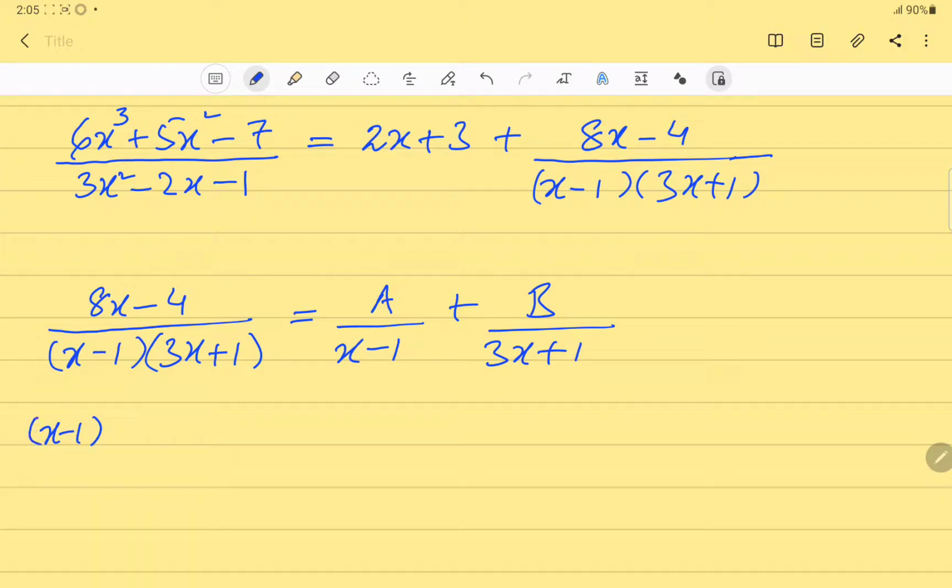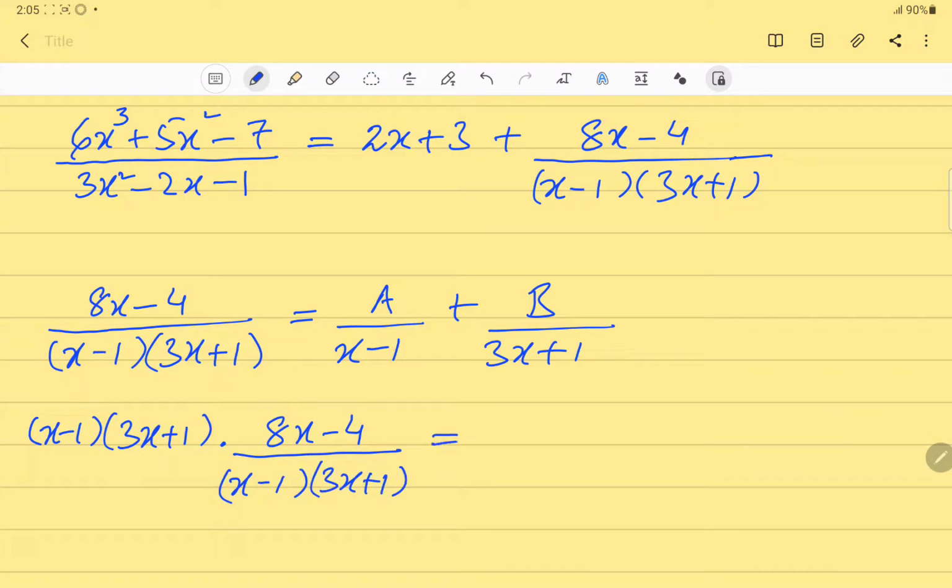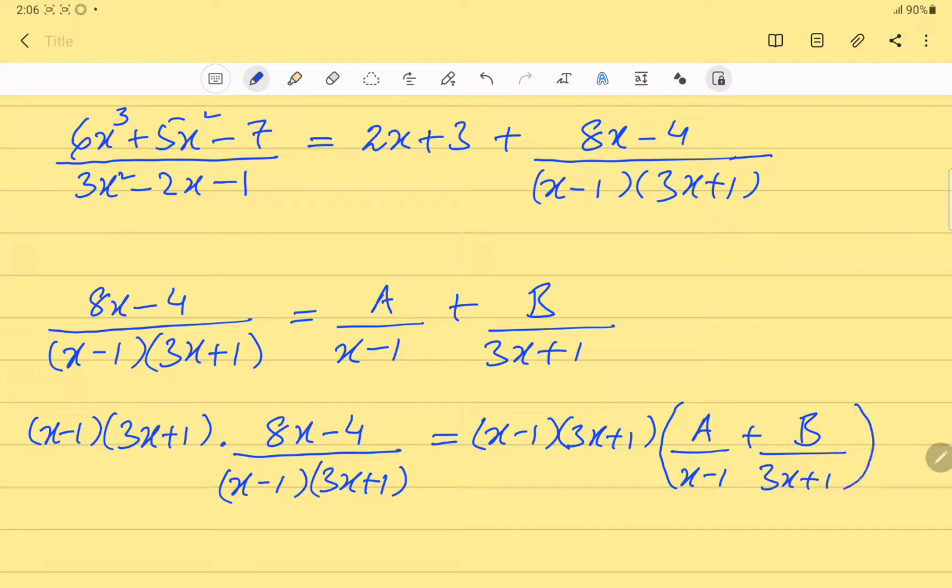So 8x minus 4 over x minus 1 into 3x plus 1 is equal to x minus 1 into 3x plus 1 times a over x minus 1 plus b over 3x plus 1.